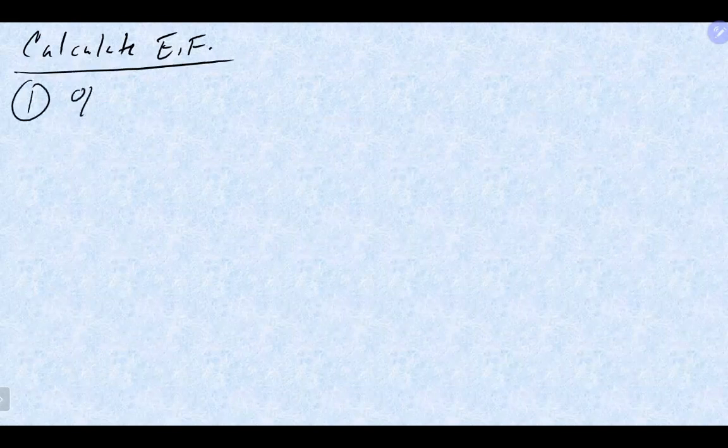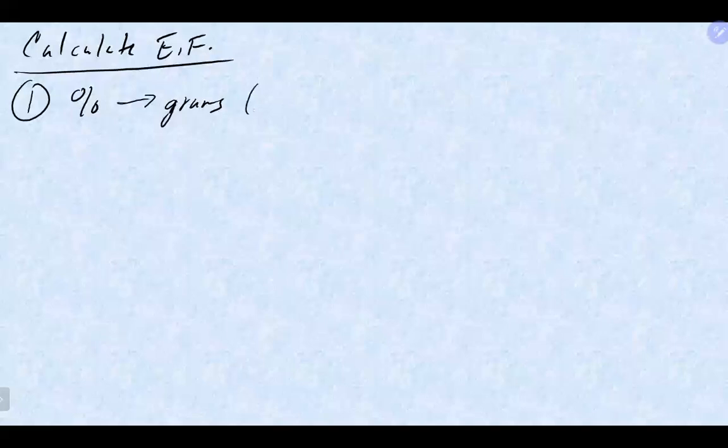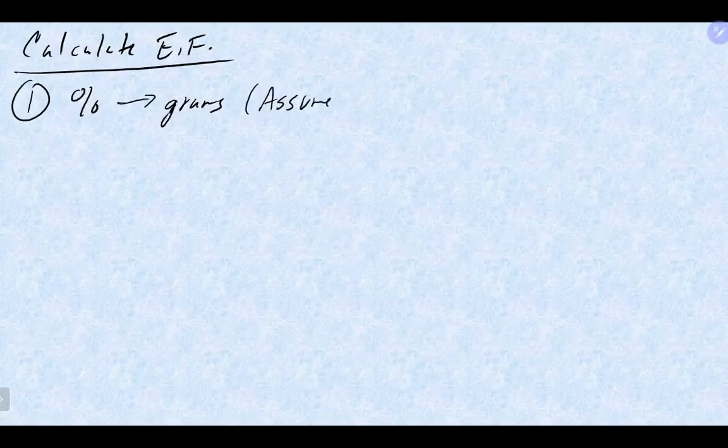So there are several steps that you follow to calculate an empirical formula. First, you convert percentages, if you're given them, to grams. When you have a percentage that you want to convert into a number, it's usually good to assume that you have 100 of it, so we'll assume that we have 100 grams.